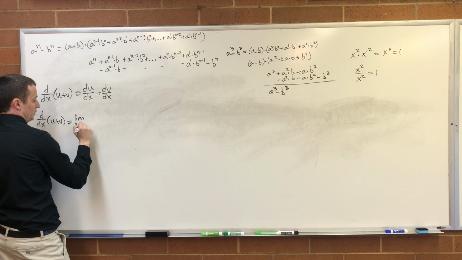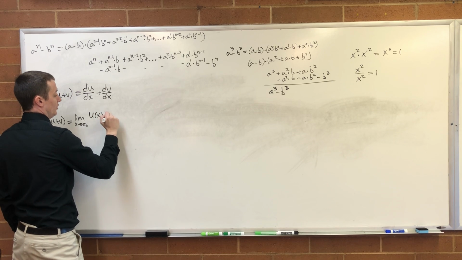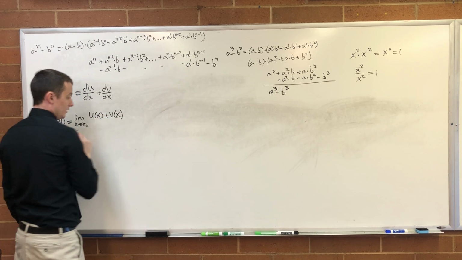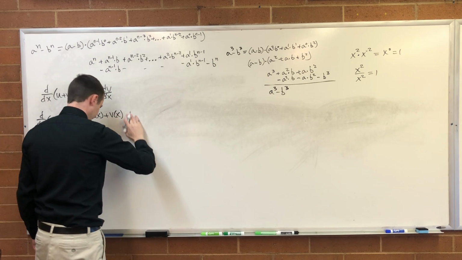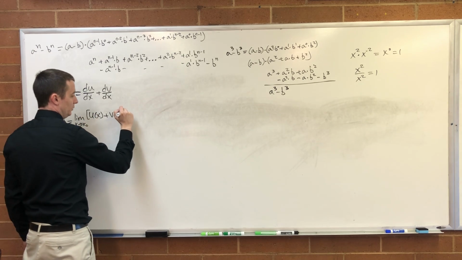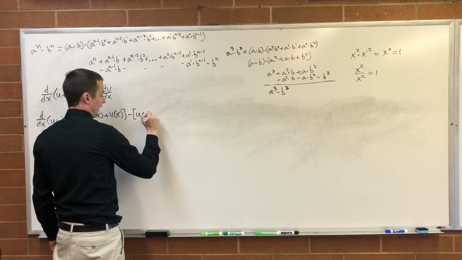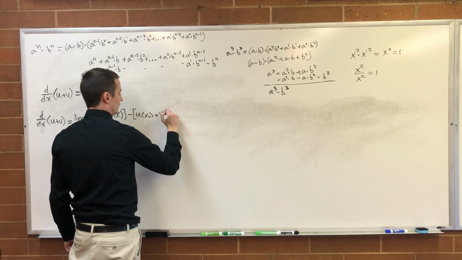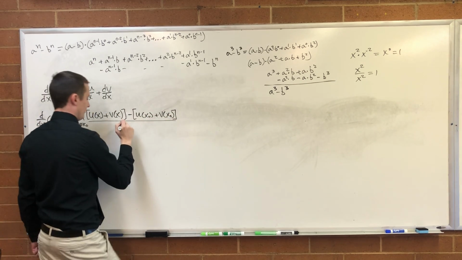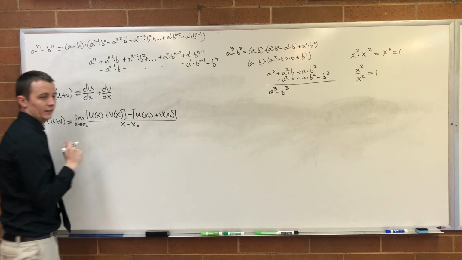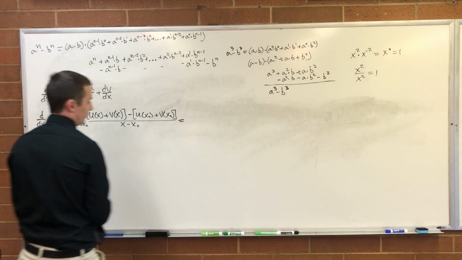This time we'll just use x approaches x naught of u of x plus v of x, minus, maybe I'll put brackets here to help keep our plugging in very clear, minus u of x naught plus v of x naught, all over x minus x naught. Follow that? Okay. So this is equal to, just going to reorder the terms in my numerator.